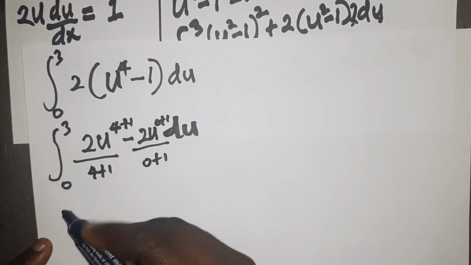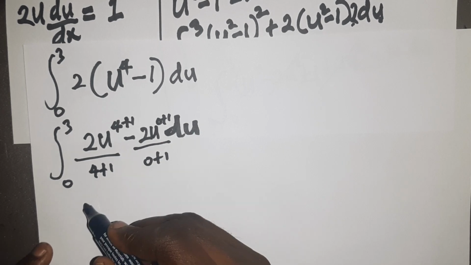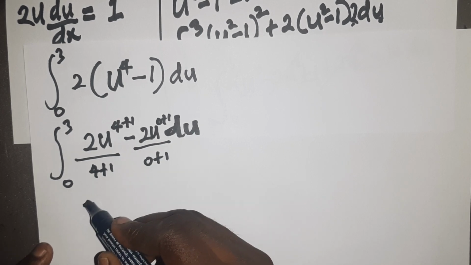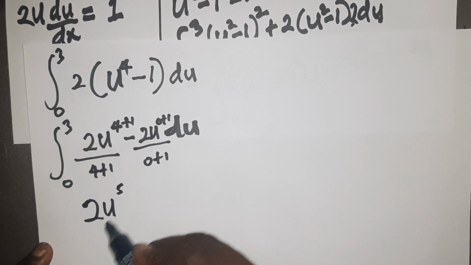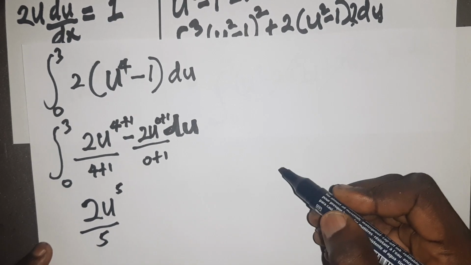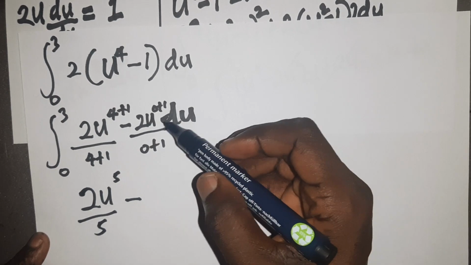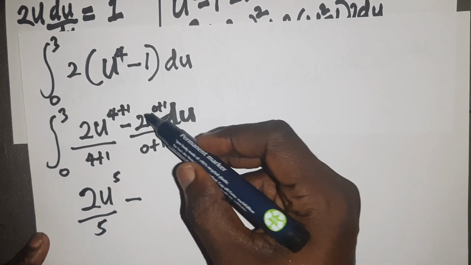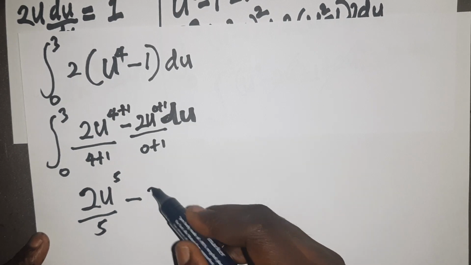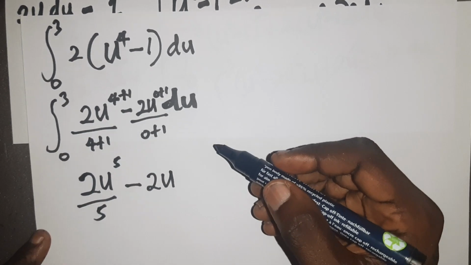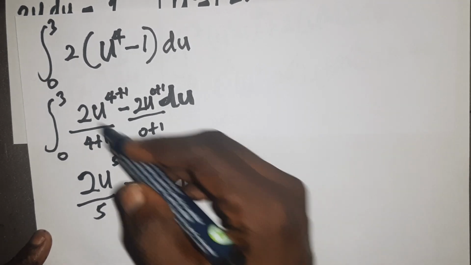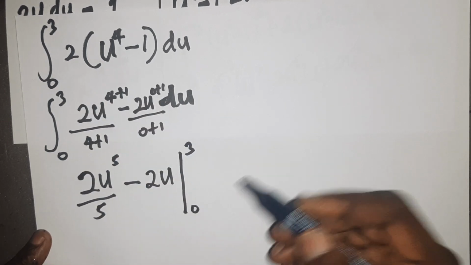So here we now have 2u raised to the power 5 over 5, and minus, this is just 2u, because 2u raised to the power 1, this will not be 1 over 1, so this is just 2u, and we now have our boundaries as 3 and 0.